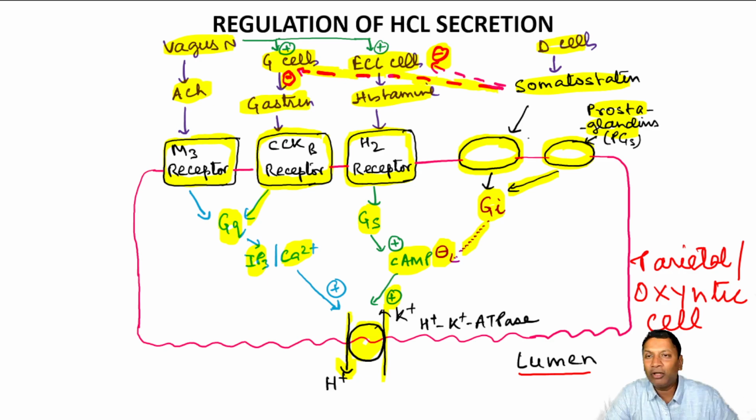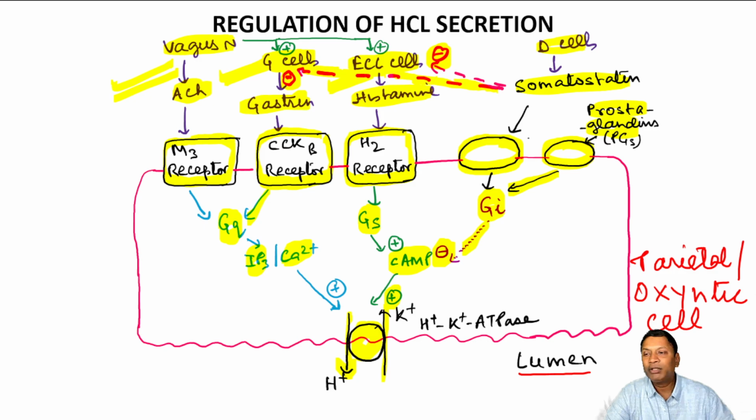So in this you can see here the vagus nerve, the G cells, the enterochromaffin-like cells, right. Vagus nerve will release acetylcholine, G cells will release gastrin, and the enterochromaffin-like cells will release histamine.